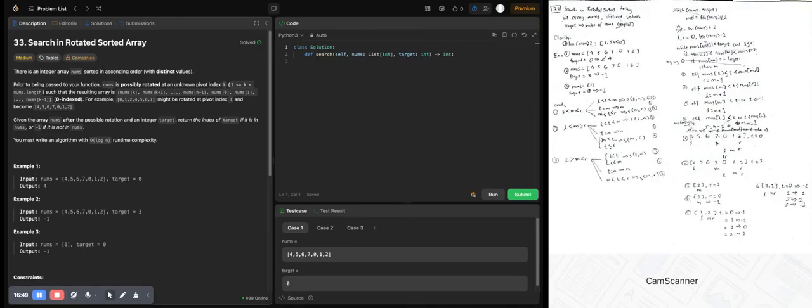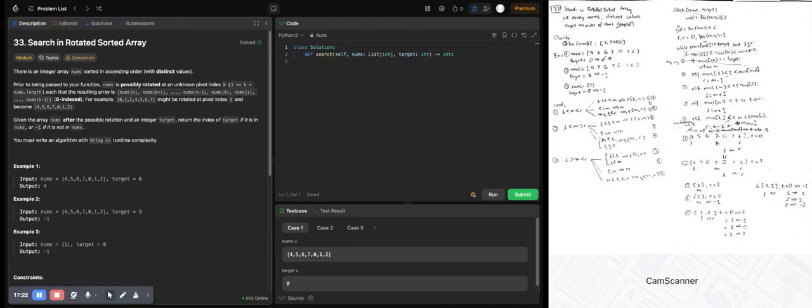Or target equals mid, return mid. Otherwise, if it is between the middle and right, then we search the right hand side. I think this makes sense.